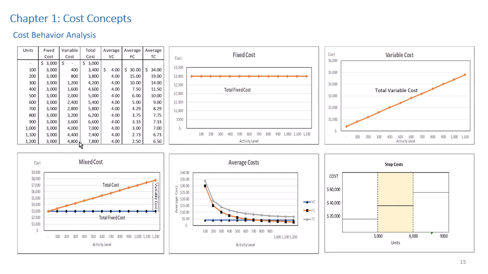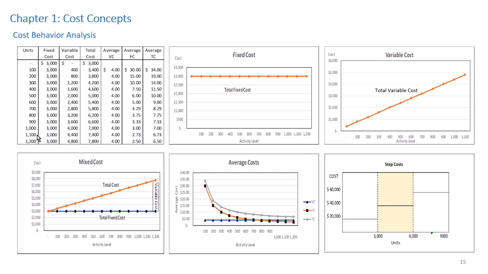The total cost is the sum of the fixed costs plus the variable cost. The average cost columns are determined by dividing the total fixed cost, total variable cost, and total cost by the number of units.